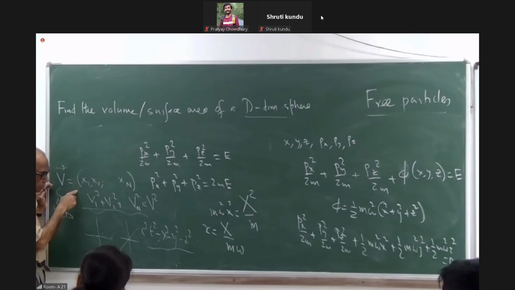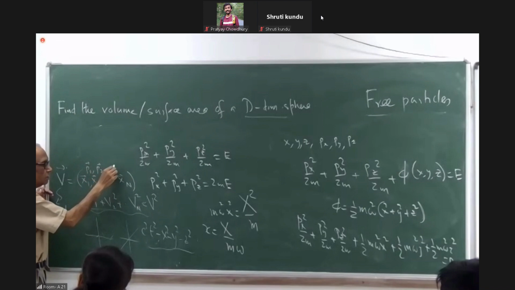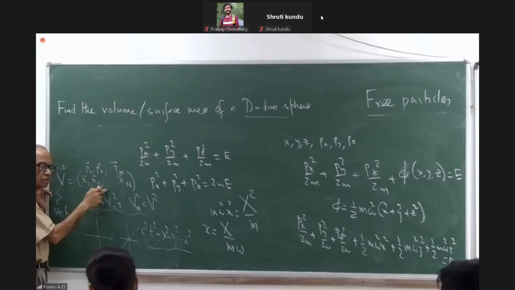So this can have three components in a three-dimensional space and two components in two dimensions, so there can be 3n numbers over here. And we have to specify both position and momentum. So these are n 3D vectors to specify a state.